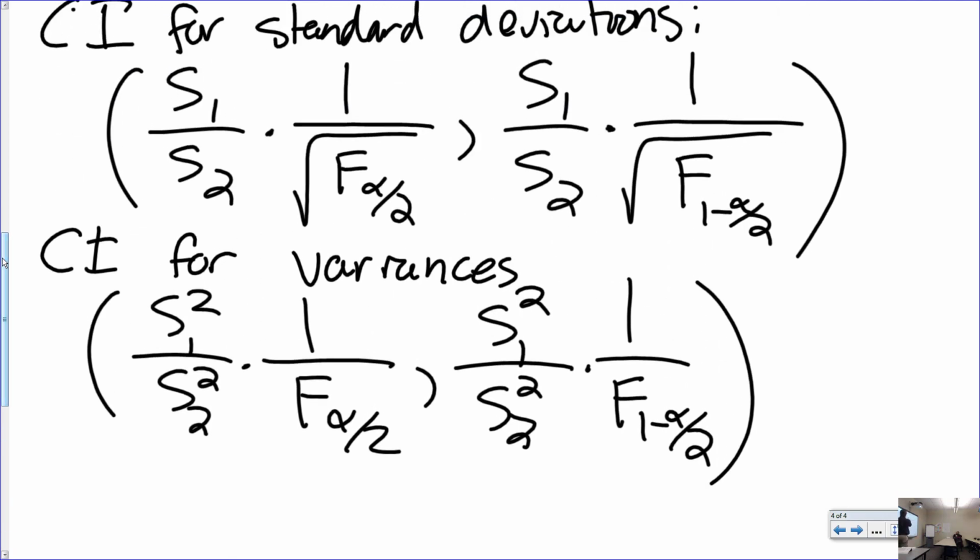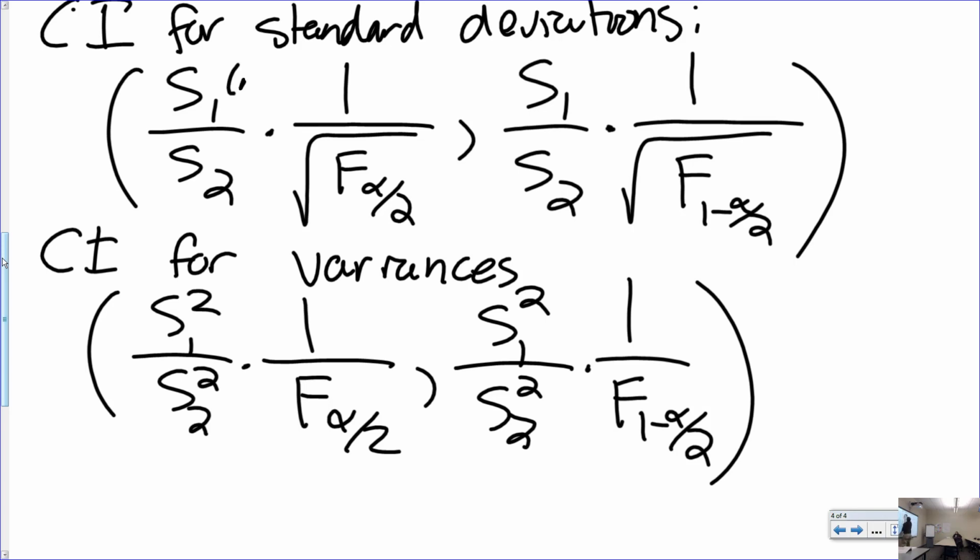All right. So, anyways, folks, this is how it's going to be done. Note what it says in the table: numerator degrees of freedom along the top, and along the up and down sides, the denominator degrees of freedom. There is a numerator and a denominator for your populations.